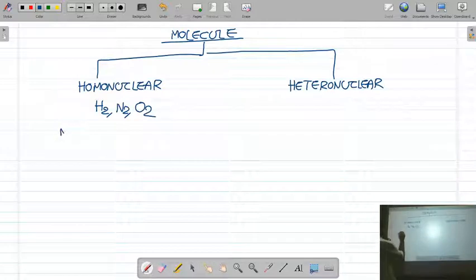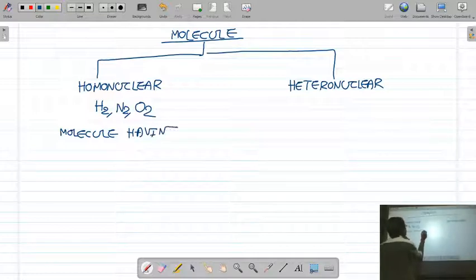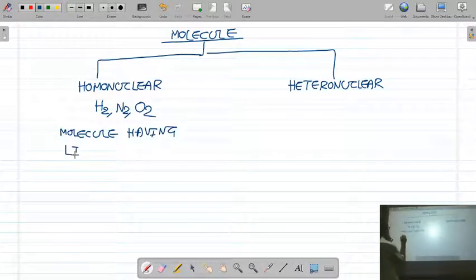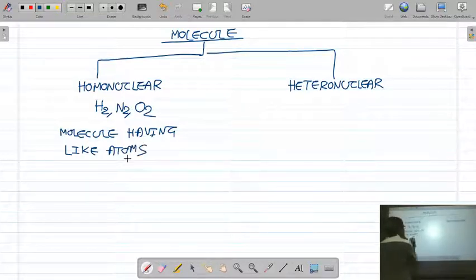So a molecule having two like atoms is called a homonuclear molecule. Again, I repeat, a molecule having two same atoms, HH or NN or OO, is called a homonuclear molecule.